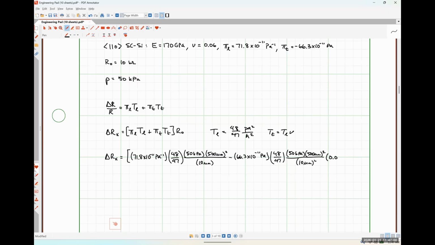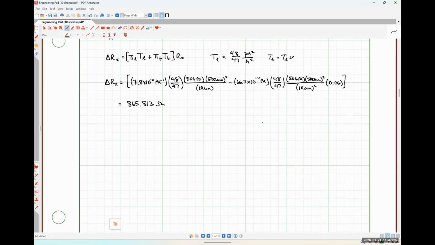And then this guy is going to get multiplied by a factor of 0.06 because that's what the Poisson's ratio is given to us as. And when I threw this into MathCAD, I got a change in resistance of 865.813 ohms.